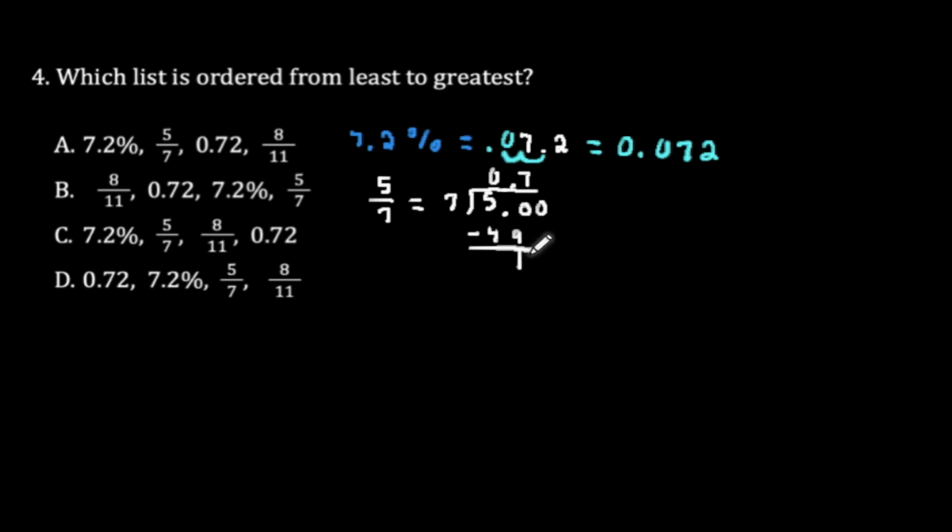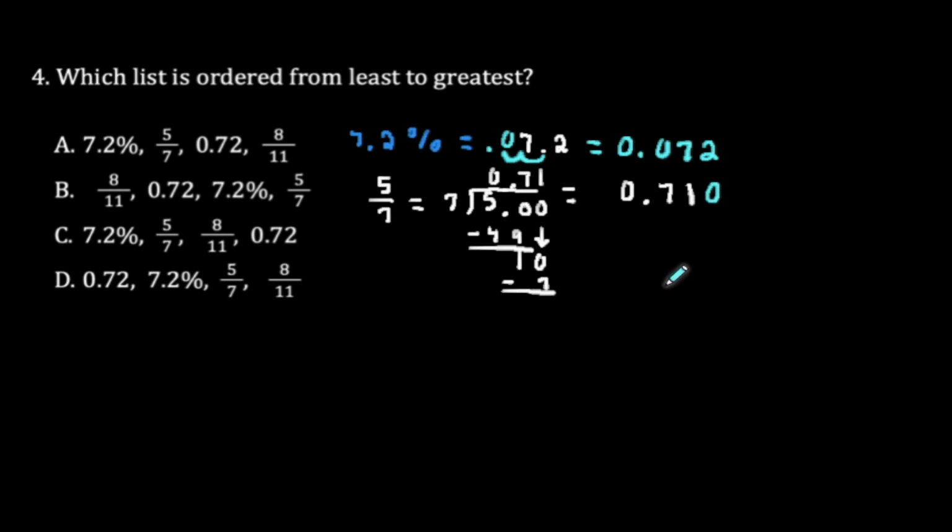Okay, this is 1. Bring down the 0. 7 goes into 10 without going over, and that's once. So we'll leave this as it is, so 0.71. This is equal to 0.71, and I'll place a 0 at the end here.